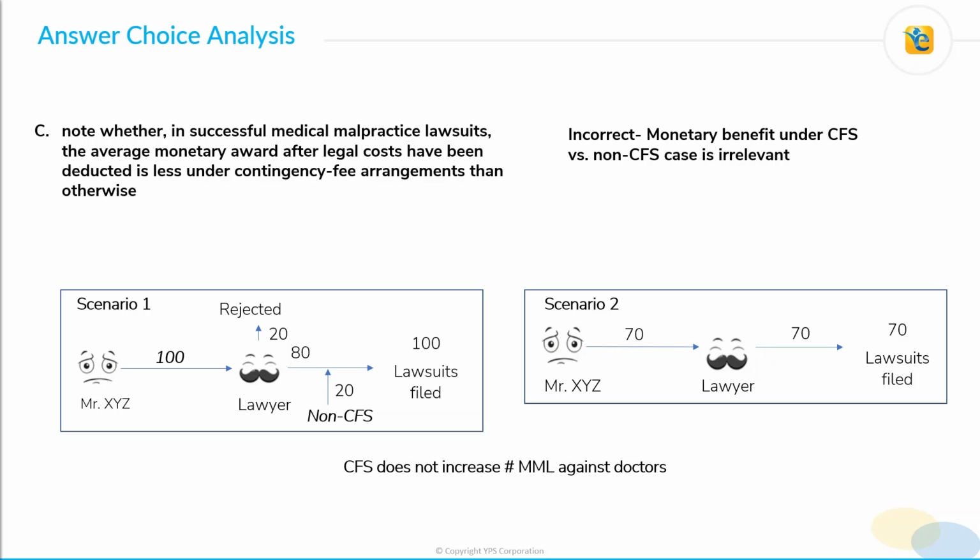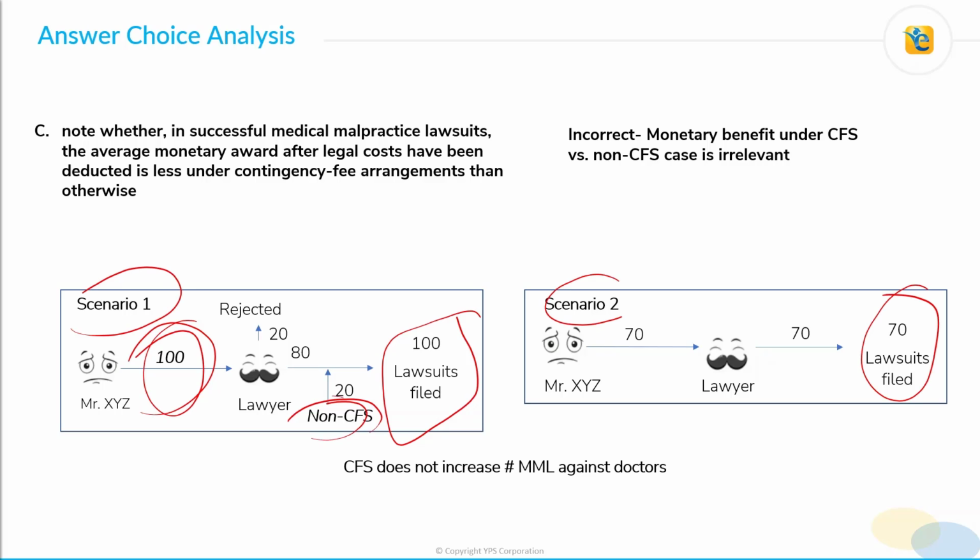So is that preference relevant? Whether the lawyer will prefer a non-CFS case or a CFS case, is that relevant? No. The passage is about the number of cases filed in scenario 1 versus scenario 2.